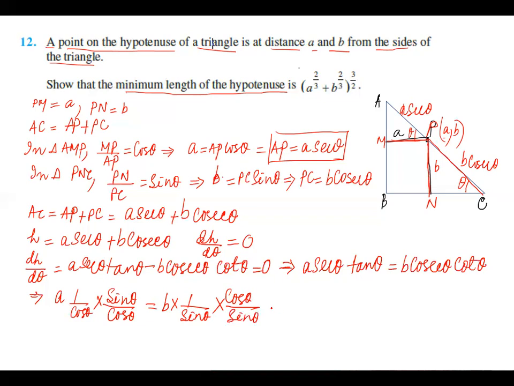On cross multiplication you will get a sine cube theta is equal to b cos cube theta, or sine cube theta upon cos cube theta is equal to b by a. What is sine cube theta by cos cube theta? It will be tan cube theta.